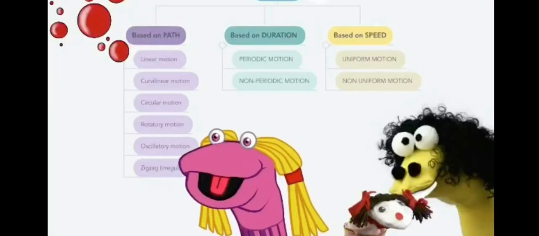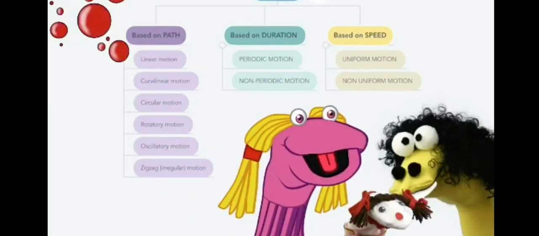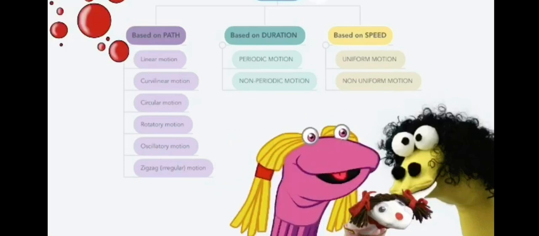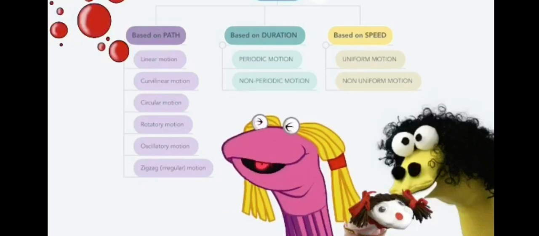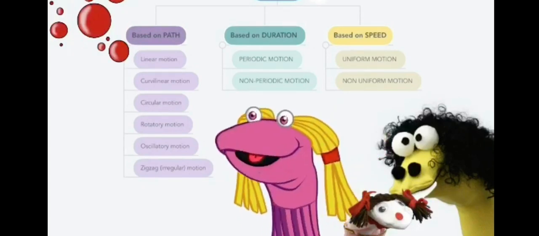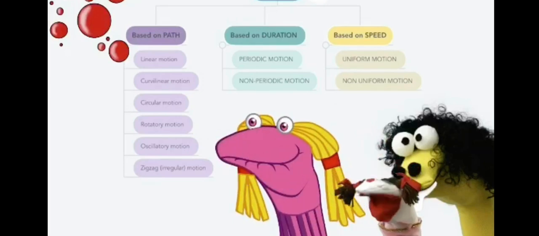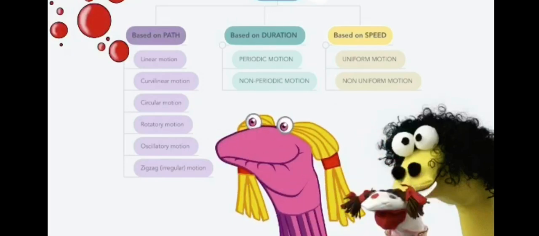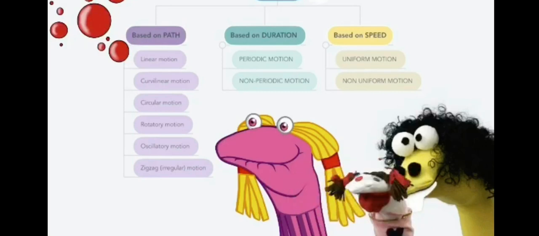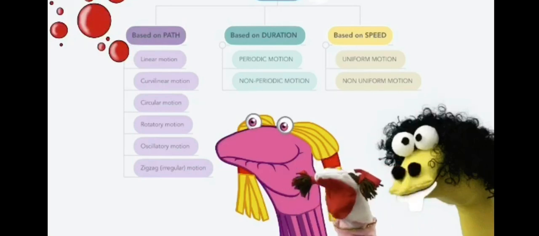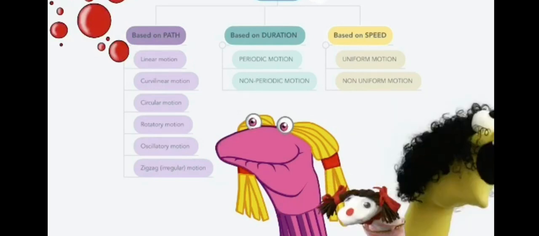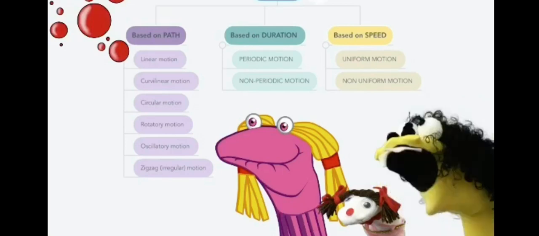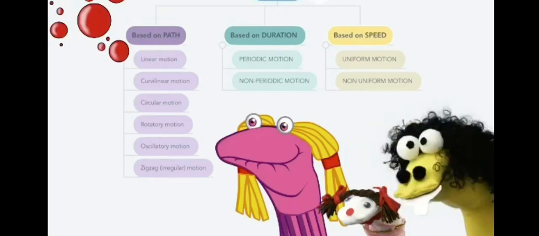When motion is classified based on paths, we have linear motion, curvilinear motion, circular motion, rotatory motion, oscillatory motion, and zigzag motion. When motion is classified based on duration, we have periodic motion and non-periodic motion. And when motion is classified based on speed, we have uniform motion and non-uniform motion.